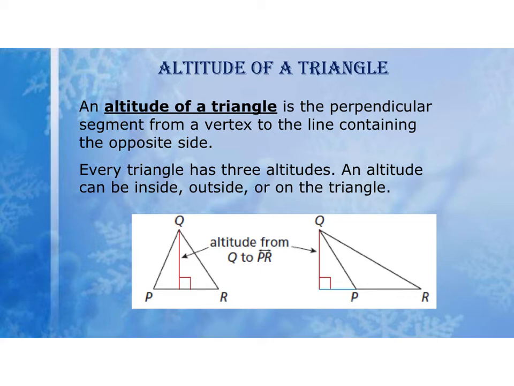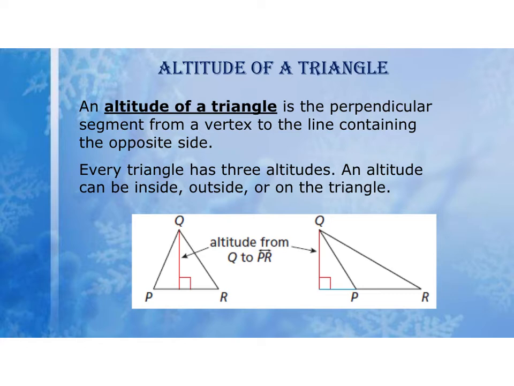So an altitude of a triangle is the perpendicular segment from a vertex to the line containing the opposite side. Every triangle has 3 altitudes. An altitude can be located inside, outside, or on the triangle. Now, when you did area formulas or questions in middle school, you were probably looking for the height of a triangle.